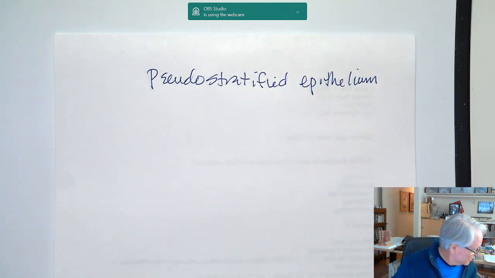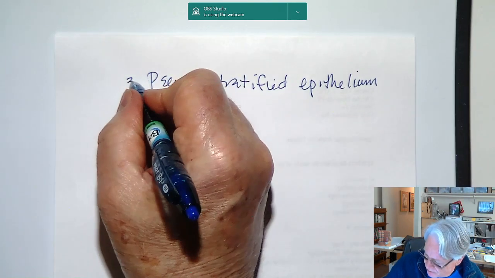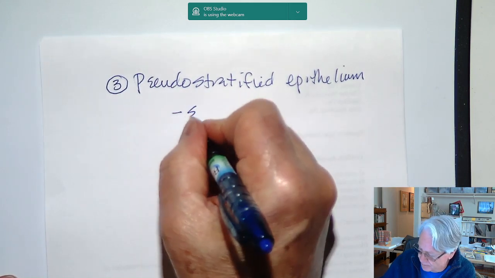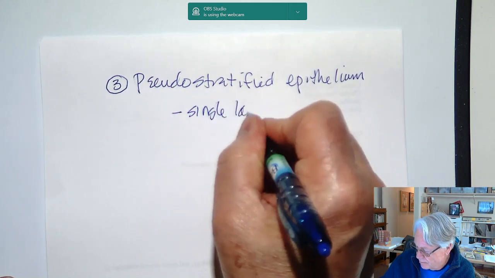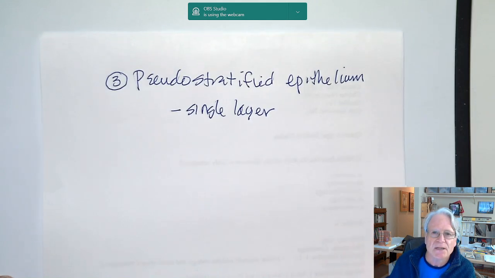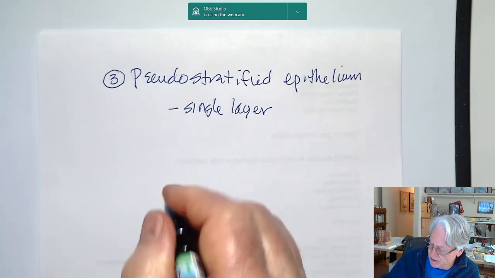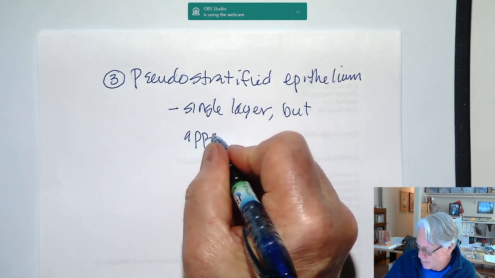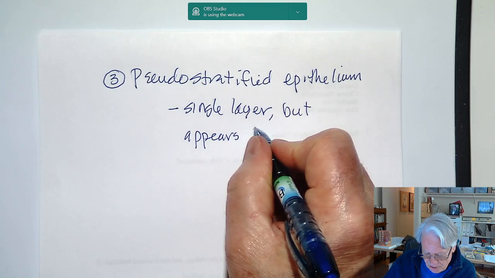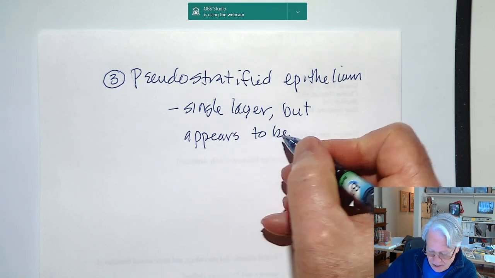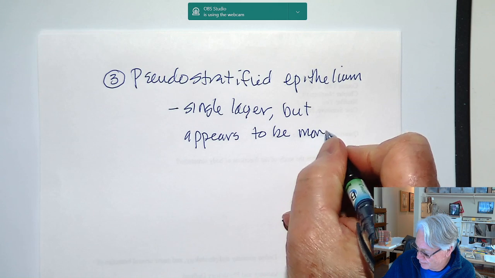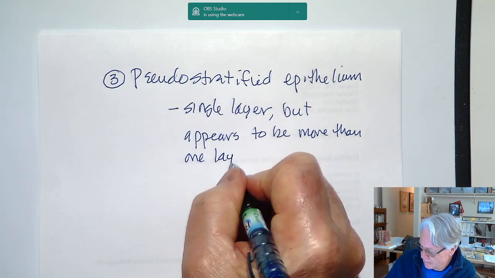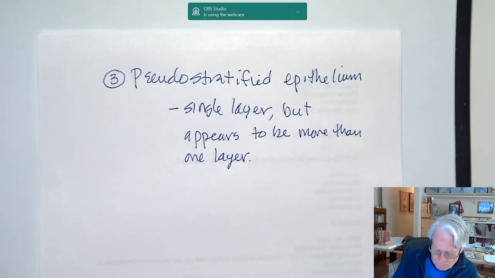And pseudostratified epithelium, and this would be number 3, of course, is actually a single layer. It's actually a single layer, but appears to be more than one layer. Okay.